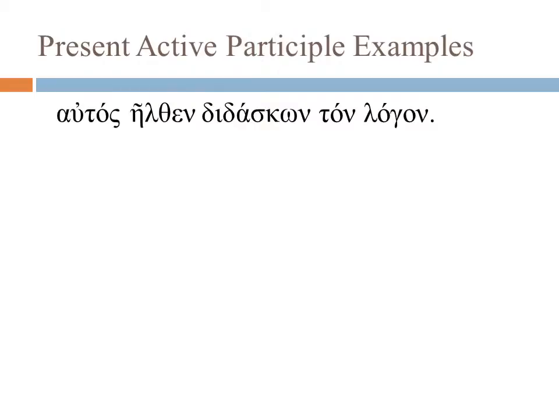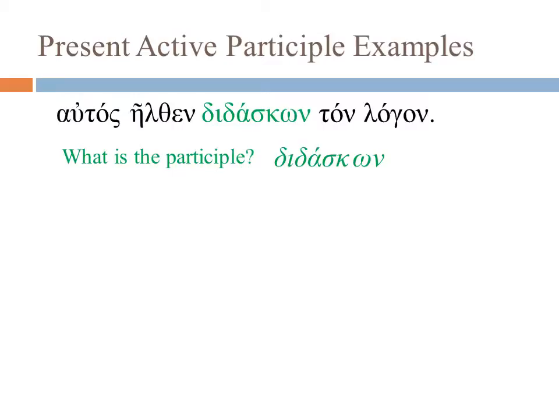This is the present active participle examples. And the sentence we have here is autos elthen didaskon ton logon. So when we're dealing with participles, what we want to do is first identify a participle in the sentence. So we ask, what is the participle? And the participle is didaskon.